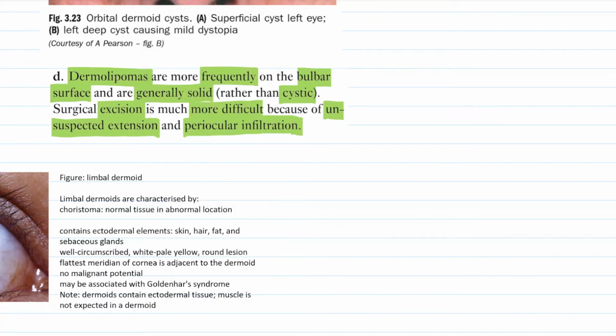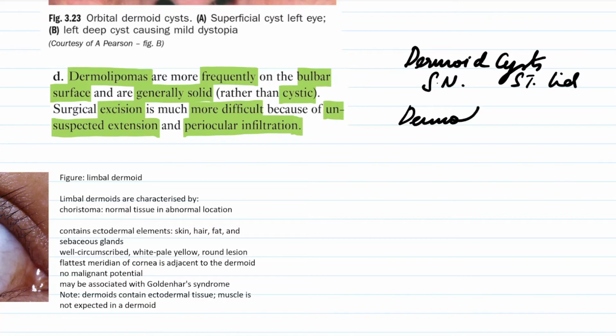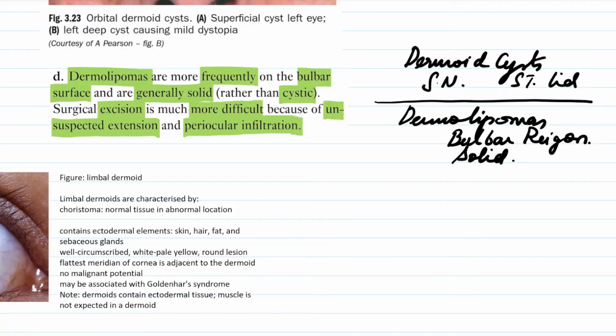While dermoid cysts were seen on the superior nasal or superior temporal lid areas, dermal lipomas are seen in the bulbar region and are a lot more solid. So these are one of the cardinal differences between these two. That is how you differentiate.